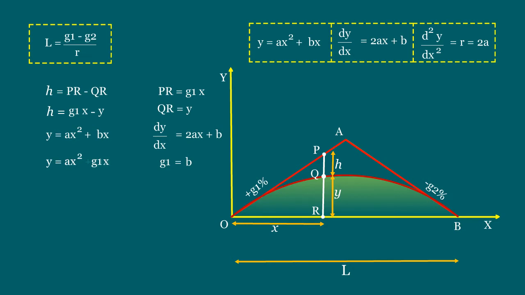If we rearrange these values, then minus ax square equals g1x minus y. We already knew that the value of g1x minus y equals h. So, the value of h equals minus ax square. Here, a is a constant.